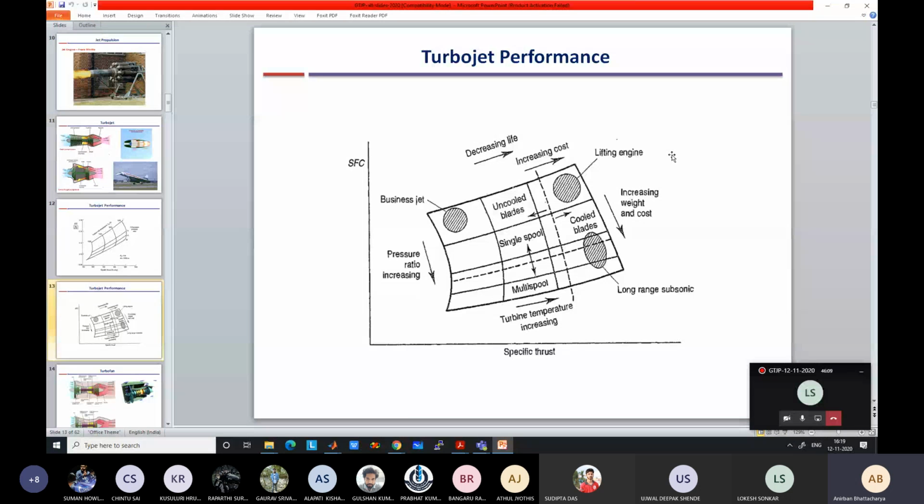But if you have lower turbine inlet temperature, you don't need sophisticated cooling mechanisms. You can use normal uncooled blades also. Cooling passages can be used, but if you keep on increasing the turbine inlet temperature, the cooling becomes more and more complex. Okay.